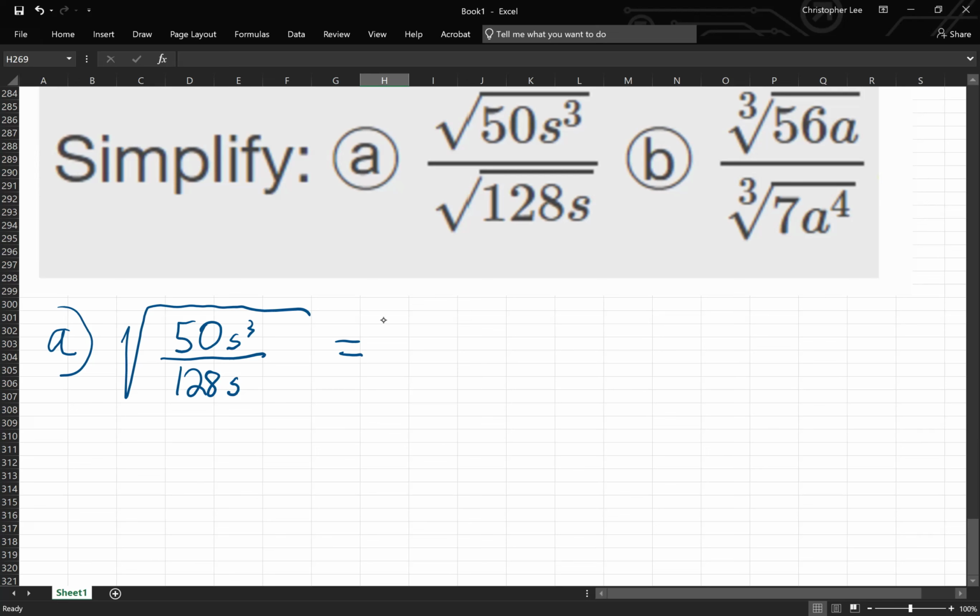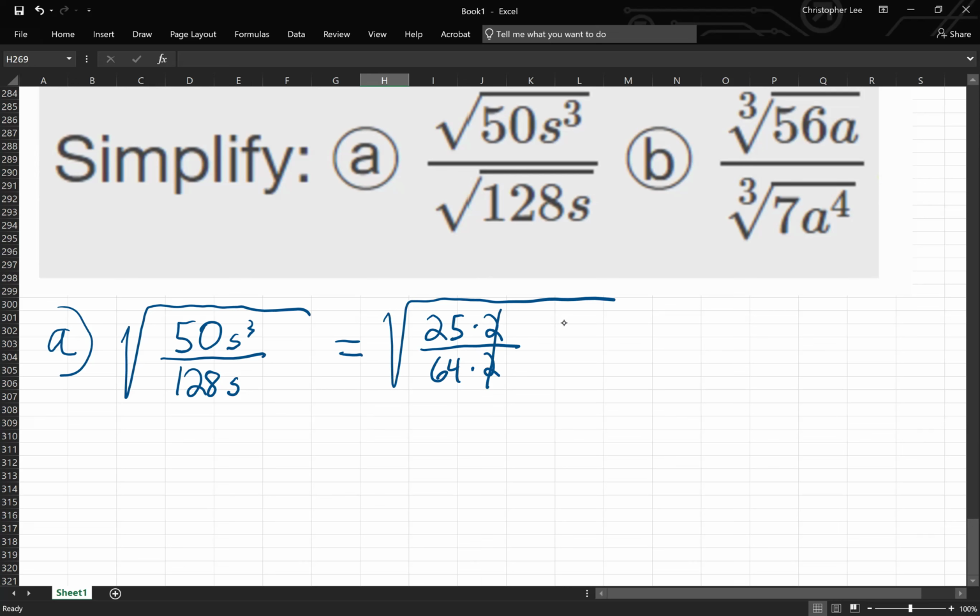Five doesn't go into 128. Two, right? So you know that 50 is just 25 times 2, and 128 is just 64 times 2? So you already know the twos will cancel.